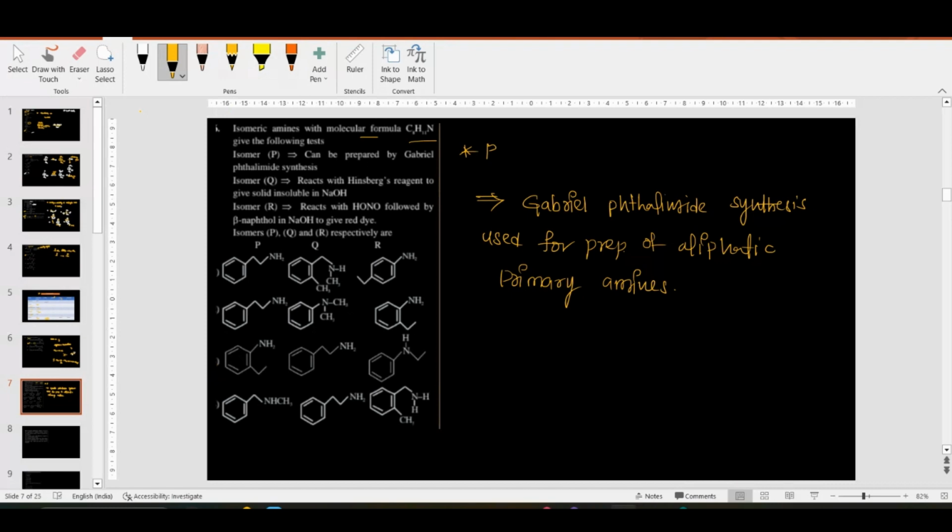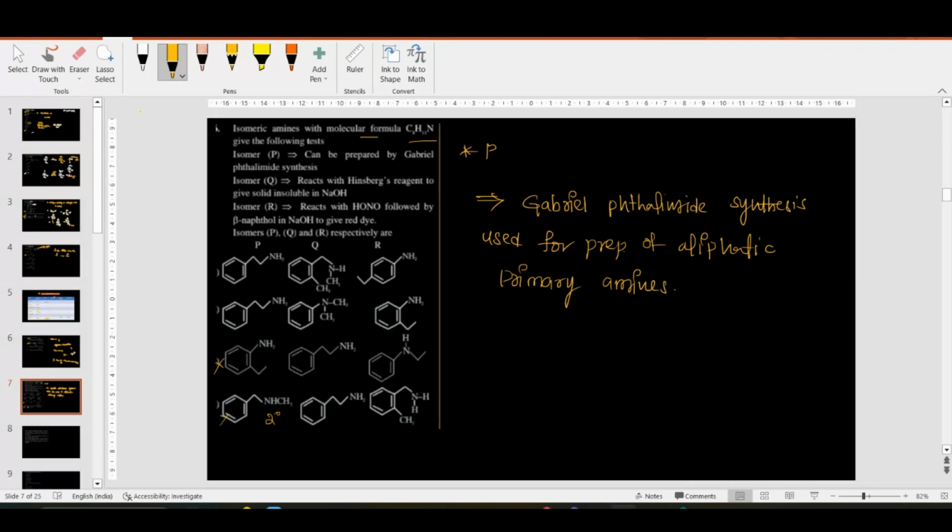We can neglect this option, and this is a secondary amine. So we can't prepare these secondary amines also through this process. So we have these two options only.